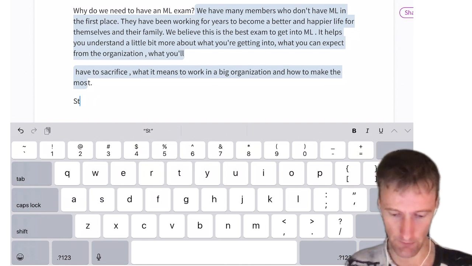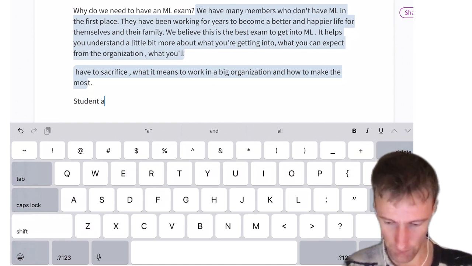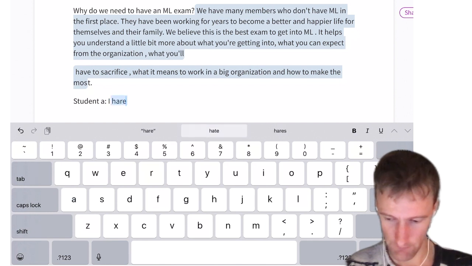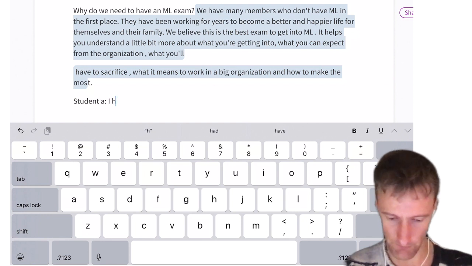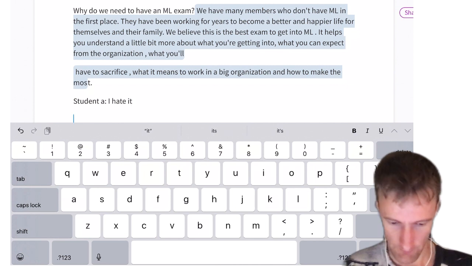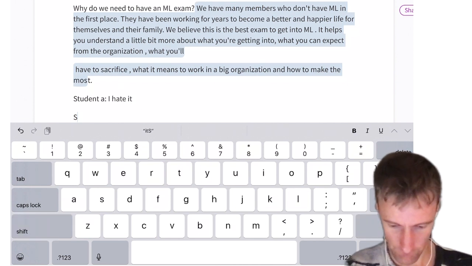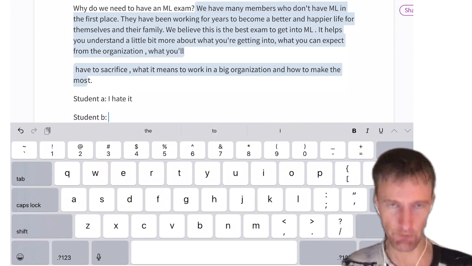You say student A says this, and then you give another line for another person saying something, and then you try to continue the conversation.